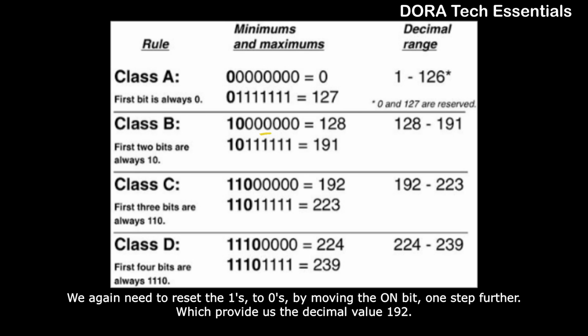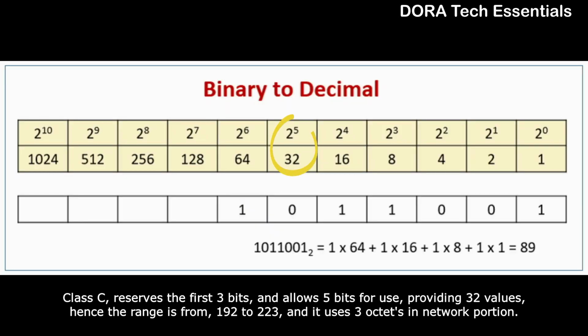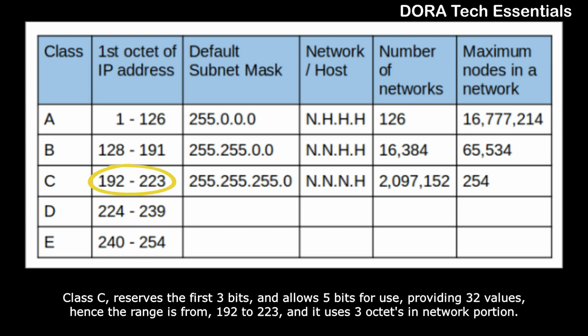We again need to reset the ones to zeros by moving the on bit one step further, which provides us the decimal value 192. Class C reserves the first 3 bits and allows 5 bits for use, providing 32 values. Hence the range is from 192 to 223, and it uses 3 octets in the network portion.